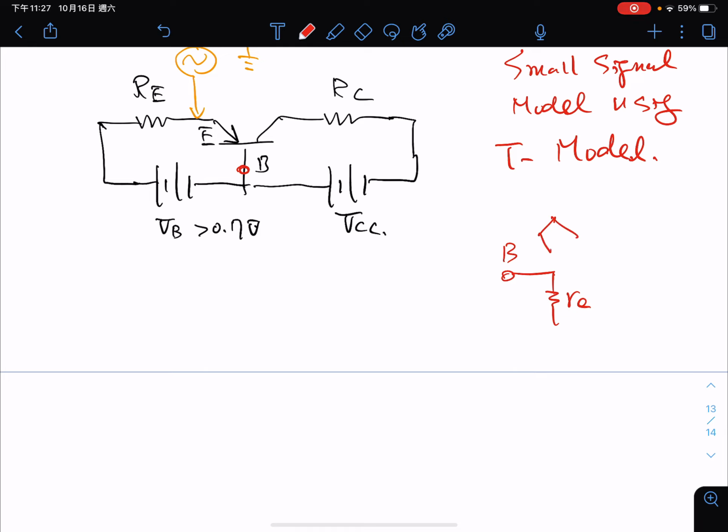And we have a current flowing through here, which is alpha IE. And we have the RE here, the big RE here. And this is the ground. And this is the input.